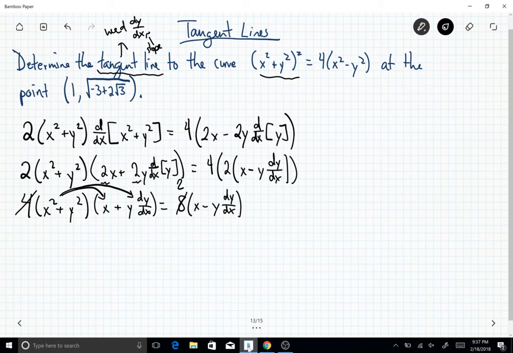So notice we get x cubed plus x squared y dy/dx, plus, and I have to do the same thing with the y squared as well. So we have xy squared plus y cubed dy/dx equals x minus y dy/dx.